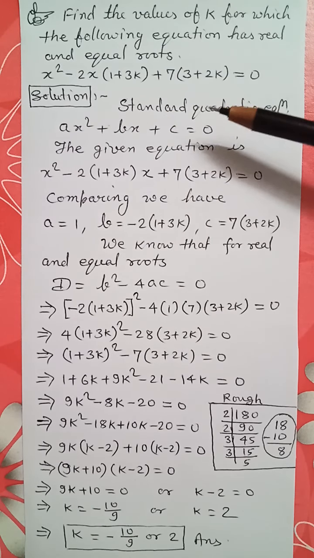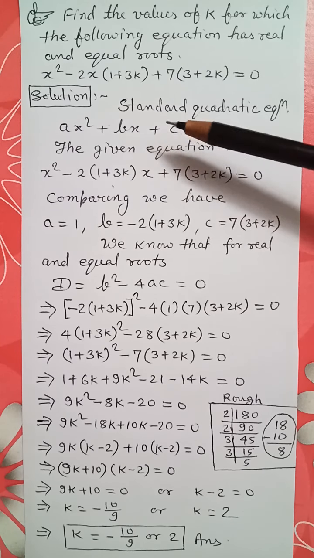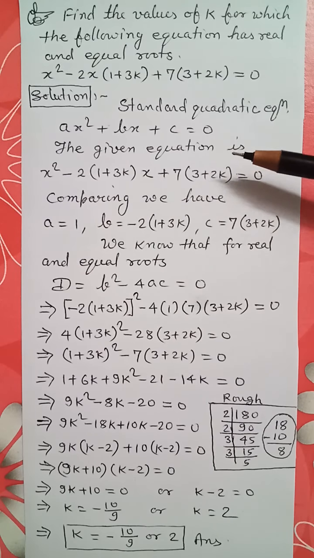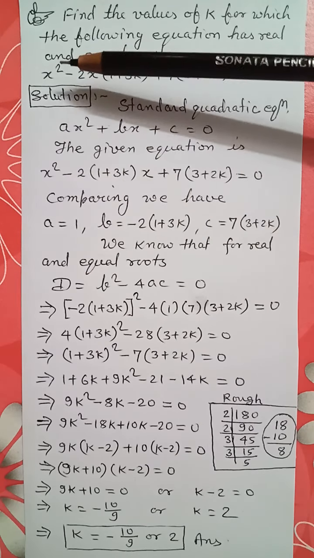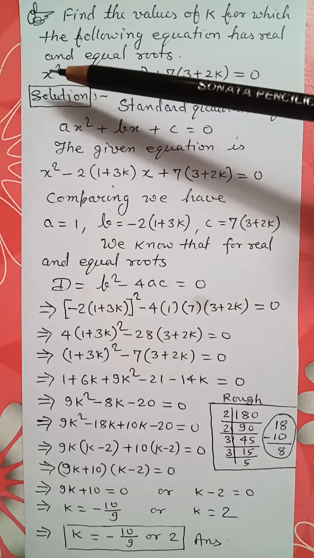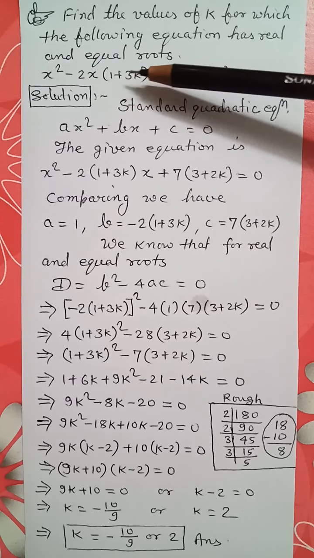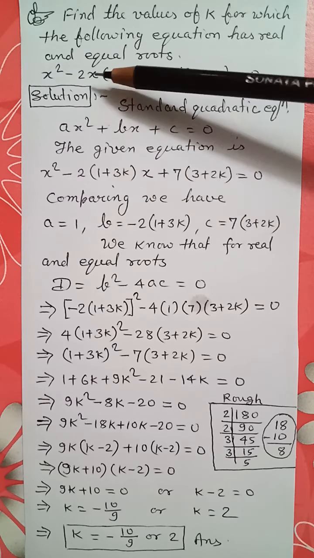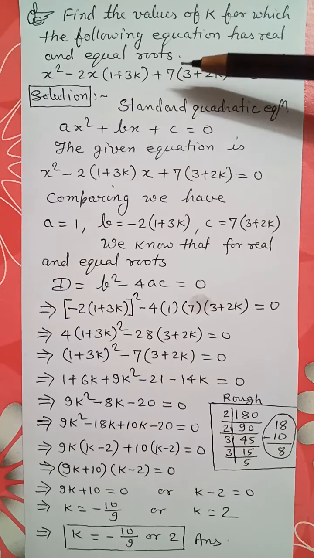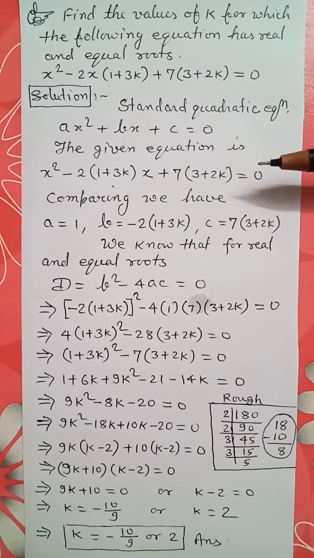The standard form of a quadratic equation is ax square plus bx plus c is equal to 0. Writing the given equation in the standard form, we have x square minus 2 times (1 plus 3k) x plus 7 times (3 plus 2k) is equal to 0.